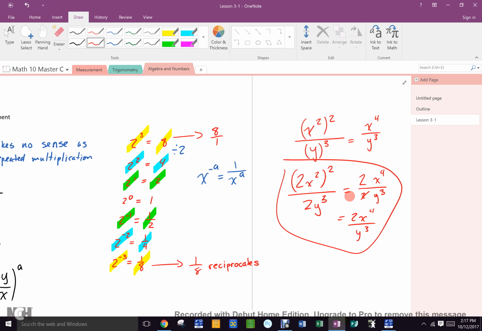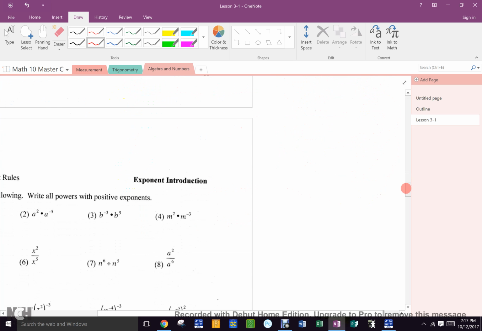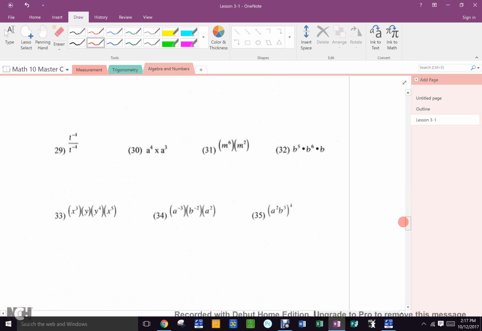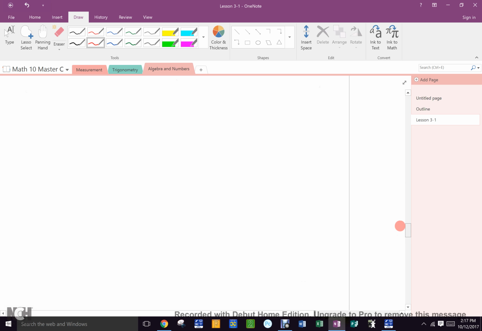If you really think you're 100% good with trig, you can go ahead in your Outrageous Orchid book and work on page 81 and 82.